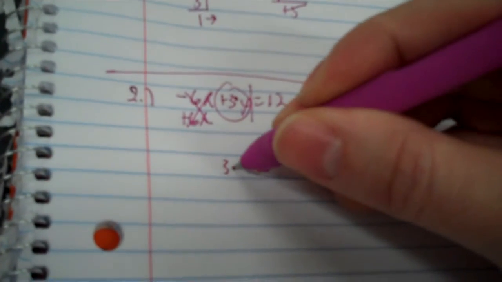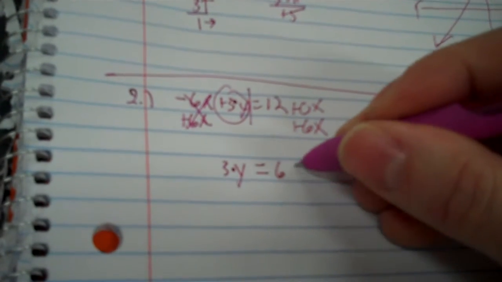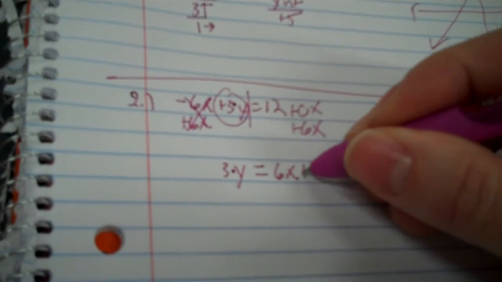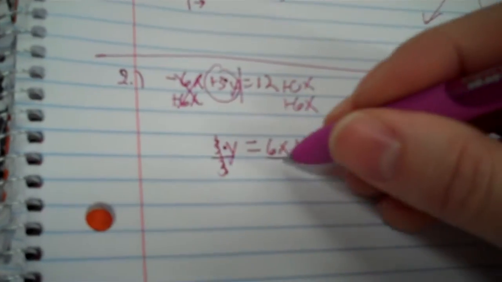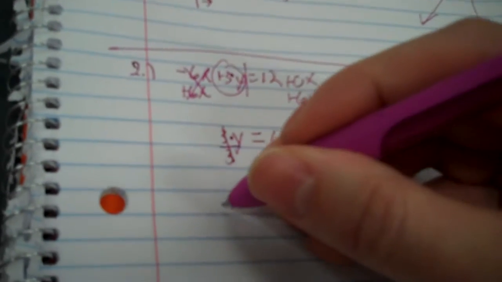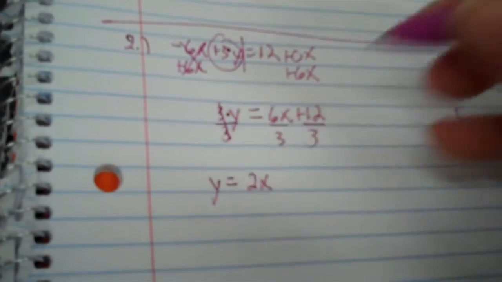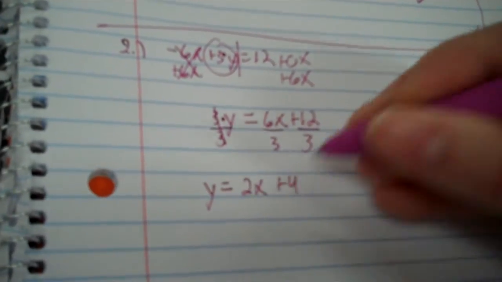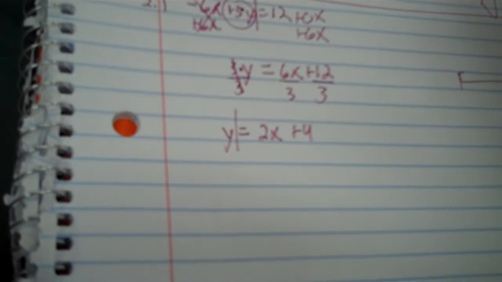And I add 6x. So I line up my equals. I have 3 times y. 0x plus 6x is 6x, and then plus 12. Now divide everything by the 3. 6 divided by 3 is 2x, and then 12 divided by 3 is 4. And what that has accomplished is I now have the y by itself.